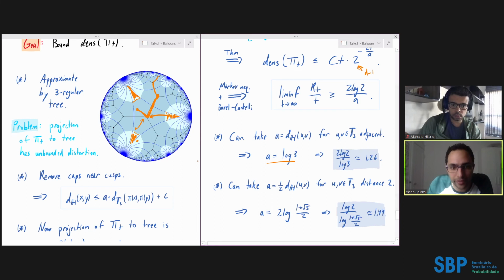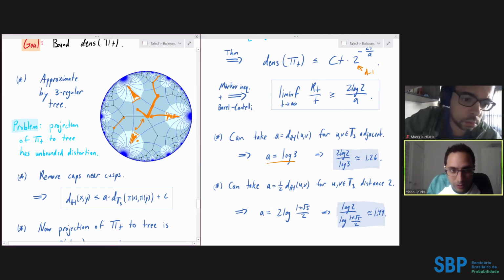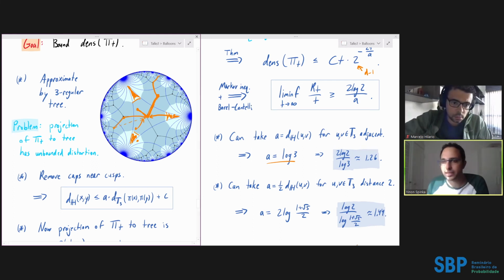A slightly better thing you can do is take the average distance when you go 2 edge lengths. So you take this distance, and that gives you a slightly better bound. And actually, this is the optimal thing you can do with this approach. If you want to get a better constant, I guess you would need a different approach, perhaps.